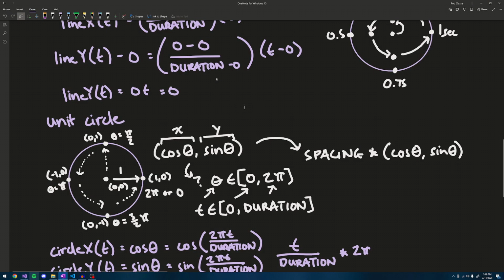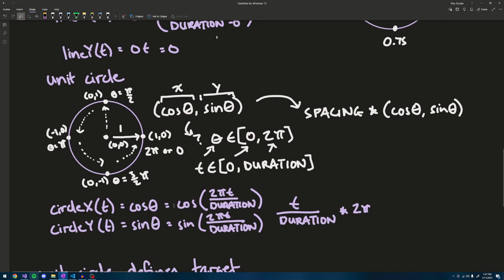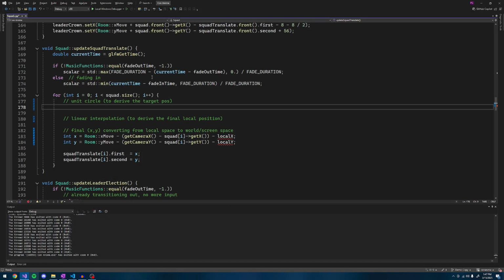If we look back at our equation for the unit circle, we can see that we have cosine and sine for our x and y. And remember, theta is in radians, and we need to convert it to time. Here, I do t divided by duration. But in my game, I already take t and divide it by duration, so we don't need to do that anymore.